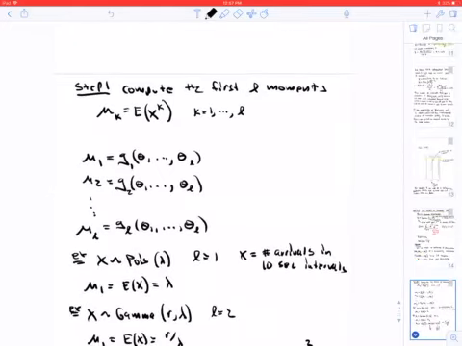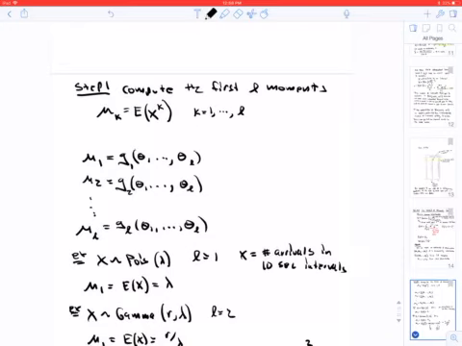Step 1 is you compute the first L moments. This is going to give you a system of L equations. So a moment is the expectation of a power of x.